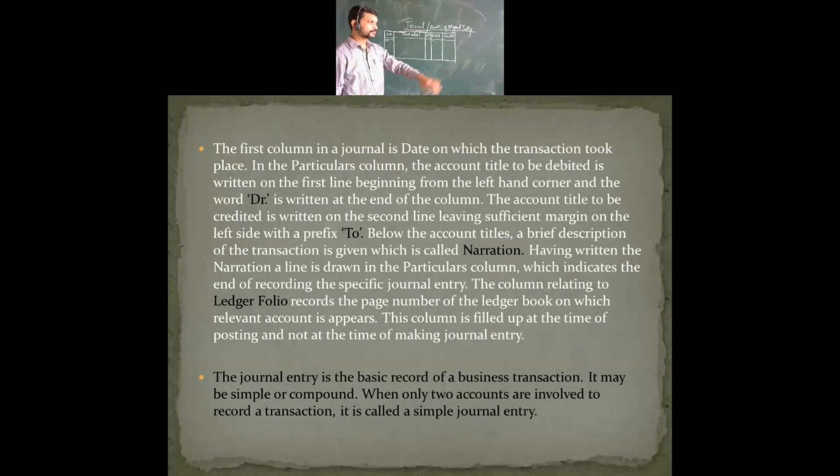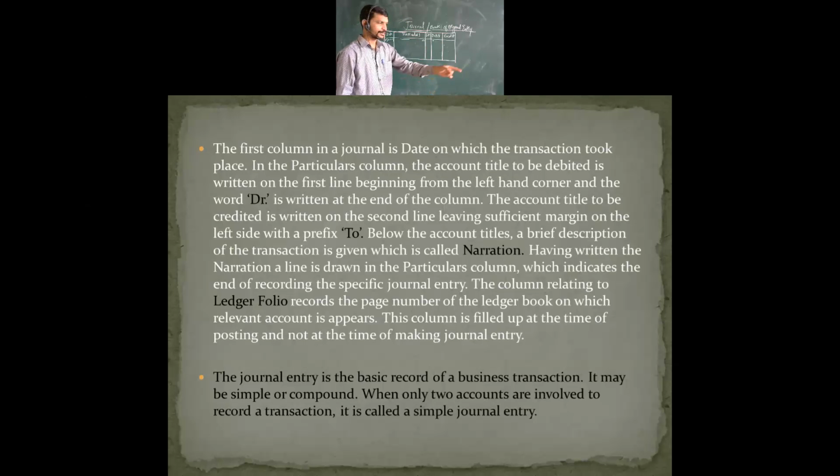In the particular column, the account being debited is written on the first line, beginning on the left side. This is the corner on the left side where you write the first journal entry, and here you are going to show that debit.